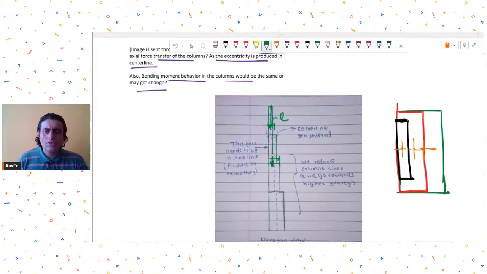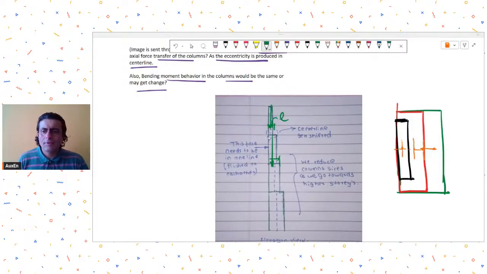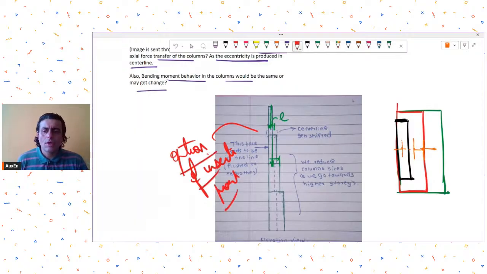In software like ETABS, there is an option of insertion point. Through the insertion point option you can tell the software where that column has to be placed.